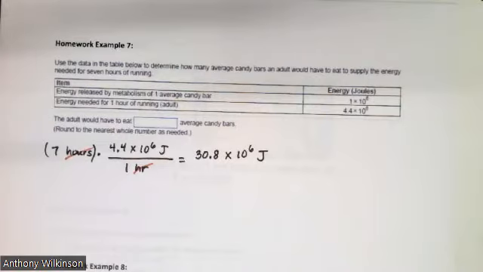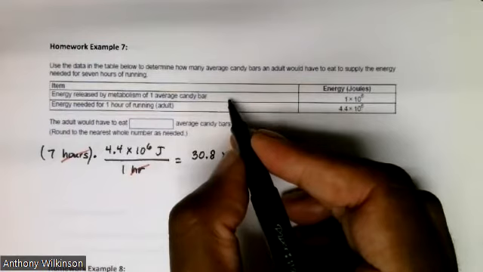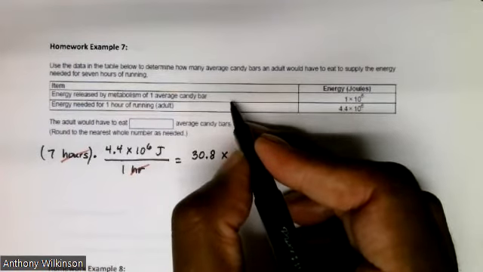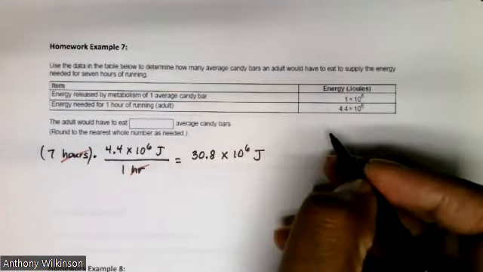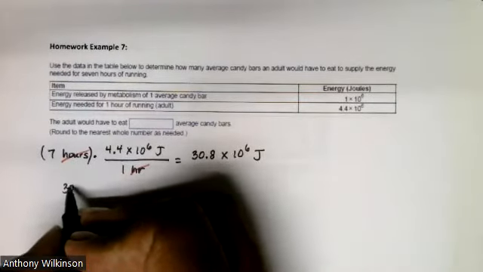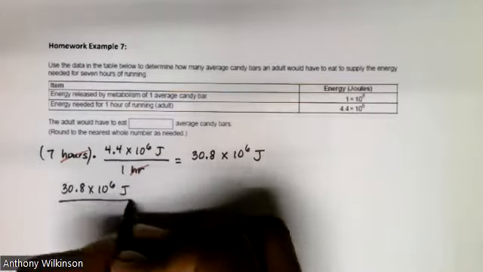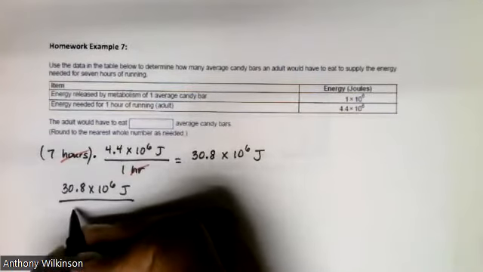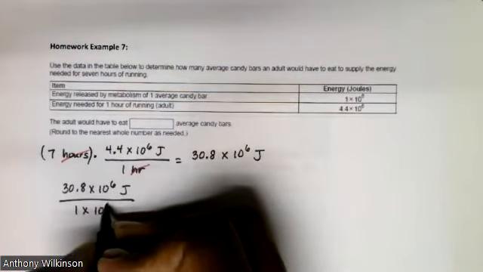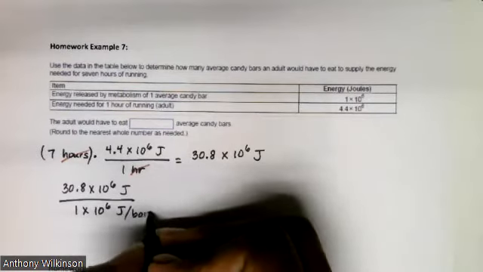So now we need to find out how many average candy bars the adult would need to eat. So here, the energy released by metabolism of an average candy bar is 1 times 10 to the 6. So let's take that 30.8 times 10 to the 6 joules, and divide that by 1 times 10 to the 6 joules for 1 bar.